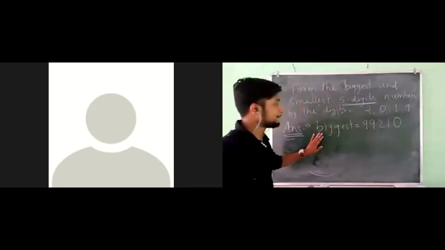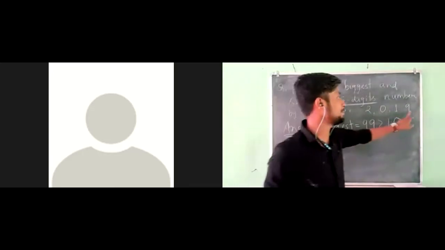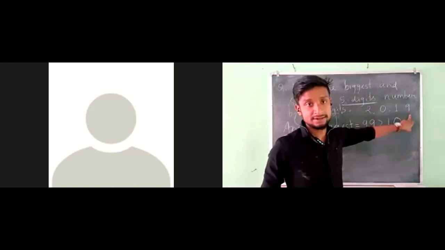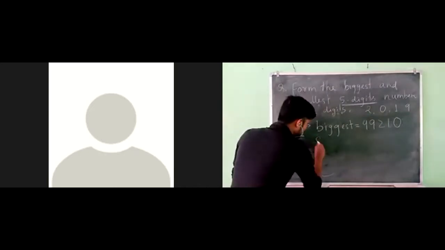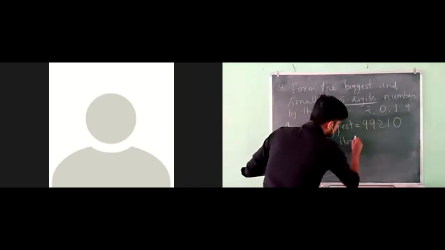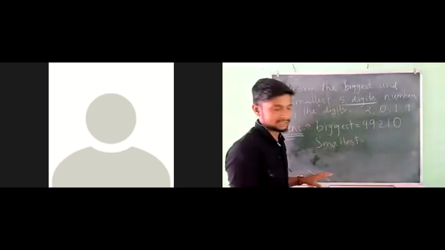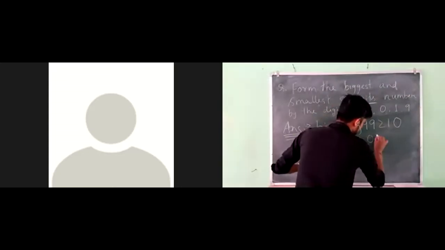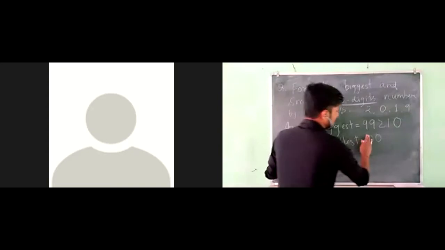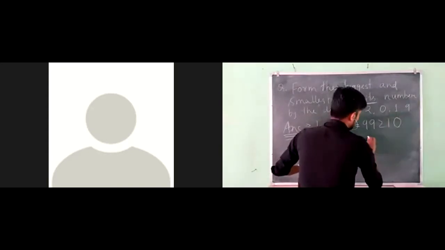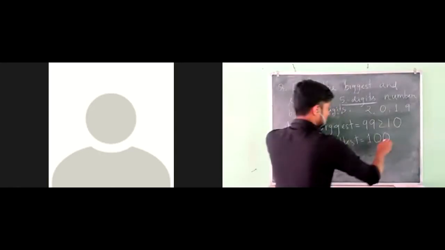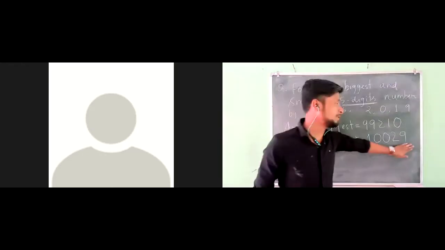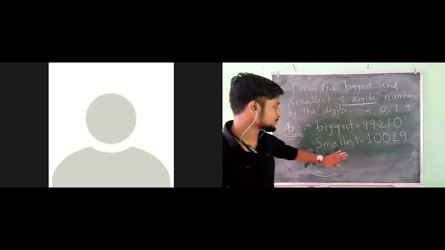While you are writing the biggest number, you have to repeat the biggest digit. And while you are writing the smallest number, you have to repeat the smallest digit. You cannot repeat the smallest digit in the first place only. So first you write 1, then 0 will come, then 1, 2, then 9. This is how you write the smallest number.